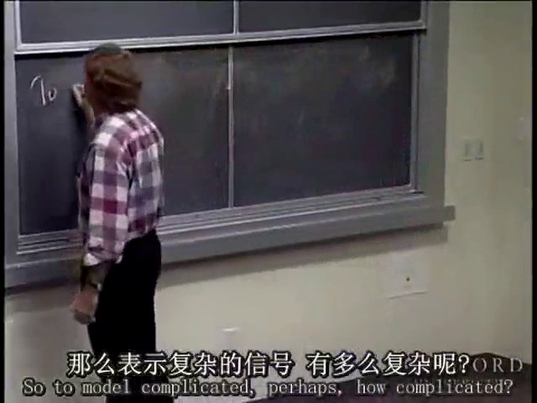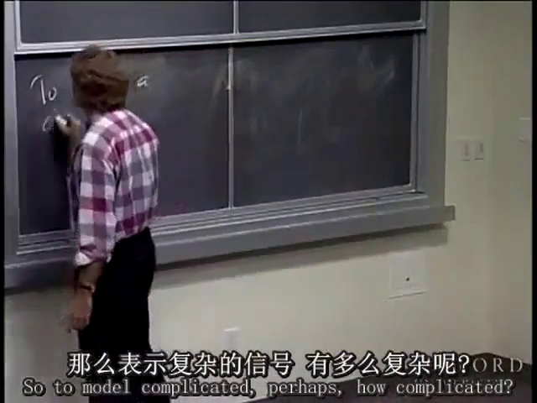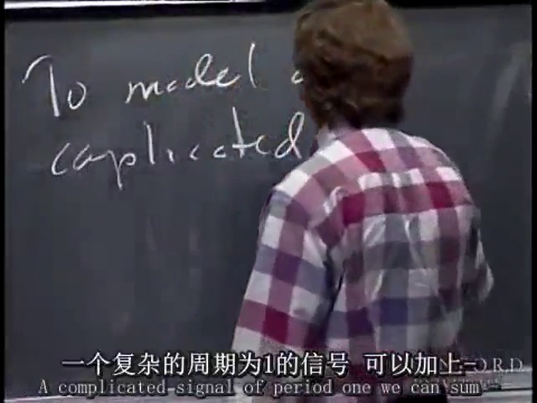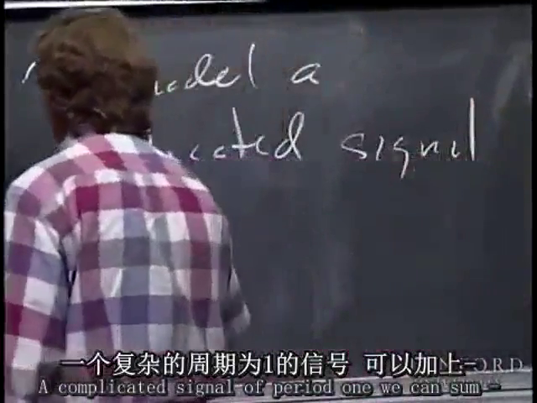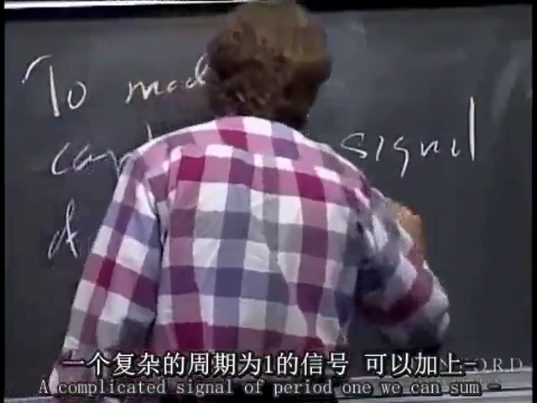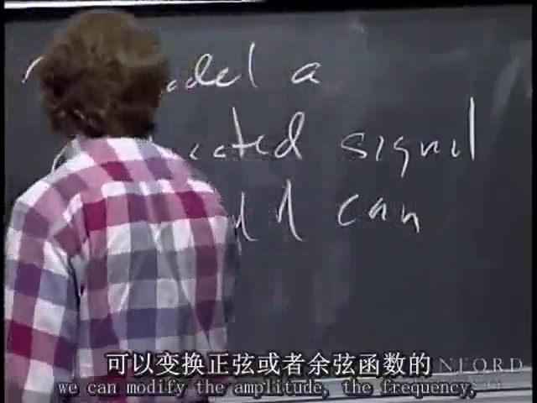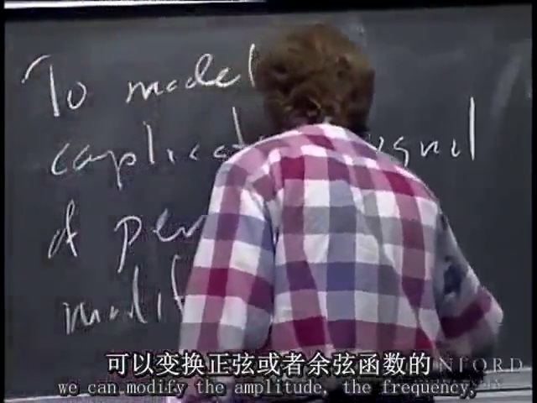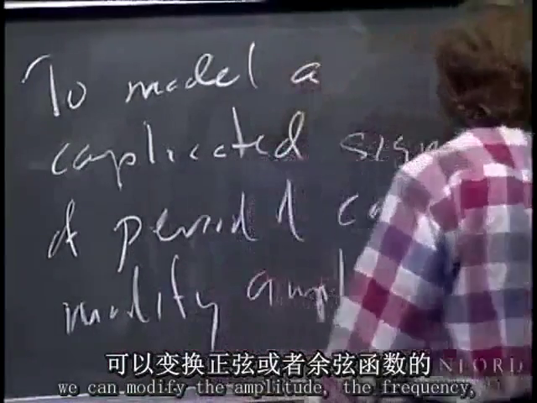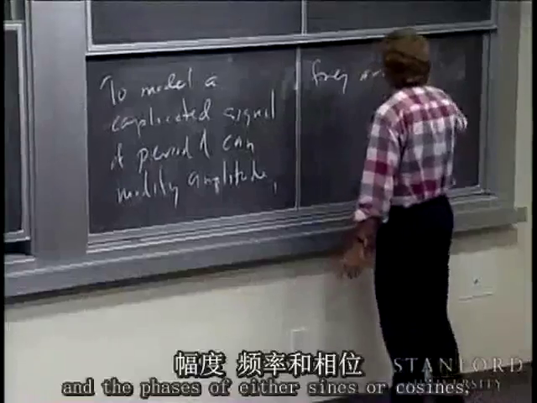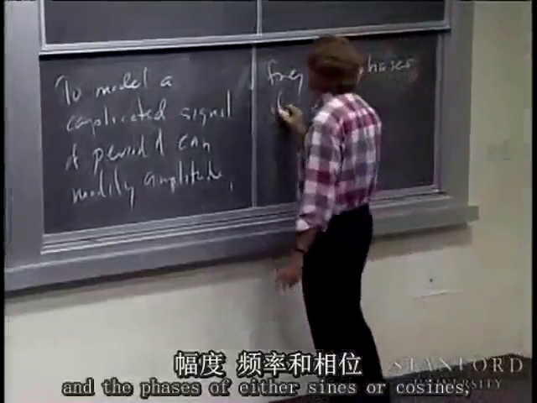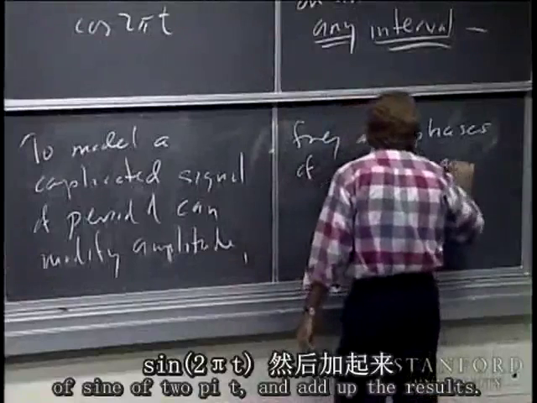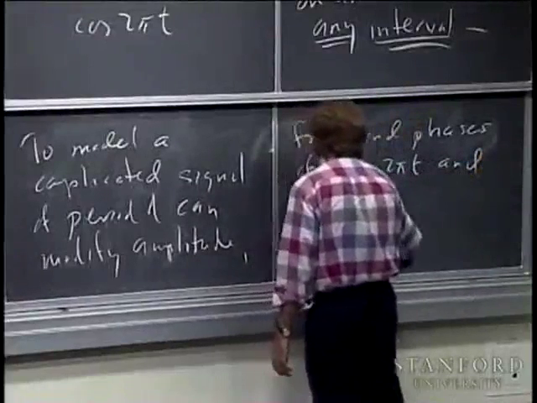So to model a complicated signal of period 1, and how complicated, we'll see, we can modify the amplitude, the frequency, and the phases of either sines or cosines, but let me just stick with the sines, of sine of 2 pi t, and add up the results.